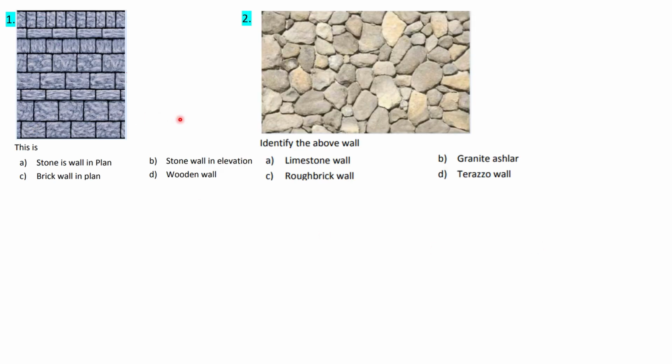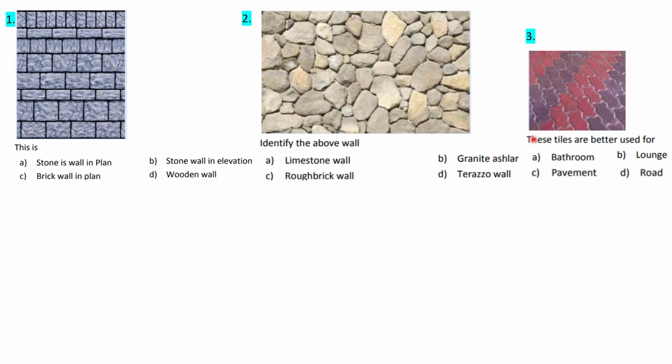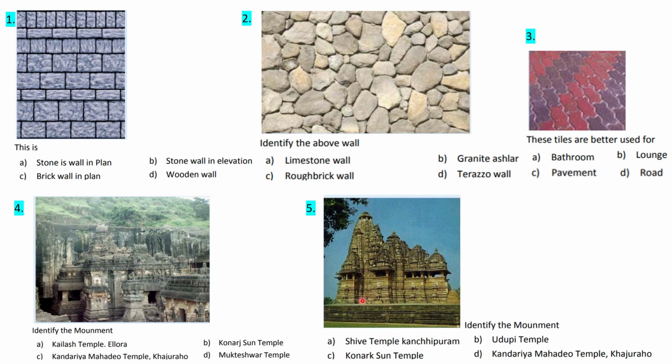The first type of questions we have is the identification of a building, monument or any material. As I have mentioned, I have given the questions over here. We have some materials and we have some buildings or monuments. To give you an example, if you look at this particular building, you have to guess which building this is, or you have to identify it.